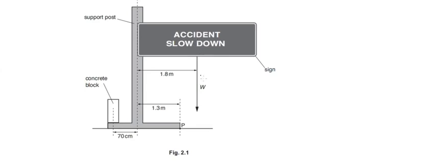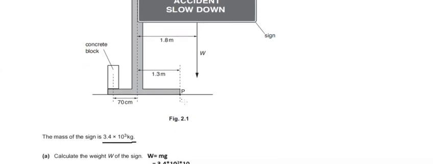That's why the weight is shown acting through the middle of the signboard, always in the downward direction. And this point of weight is at a distance of 1.8 meter from the center of the support post.